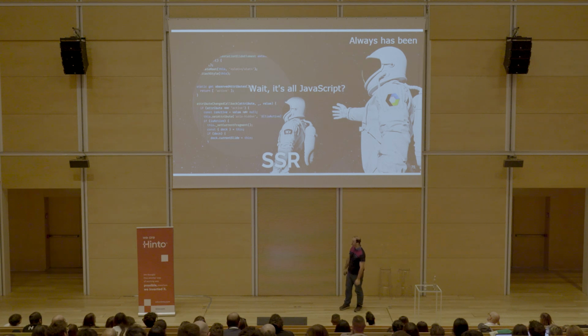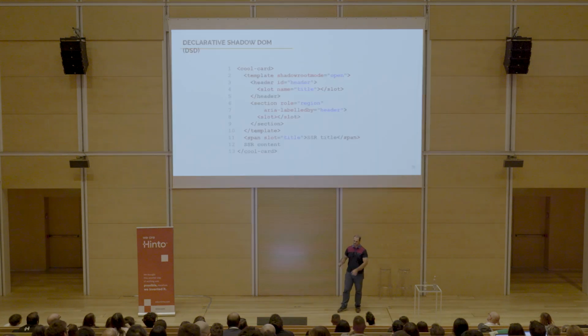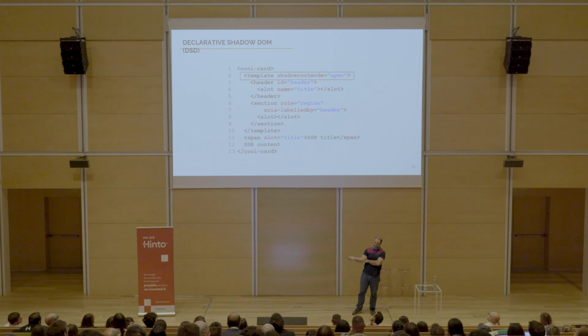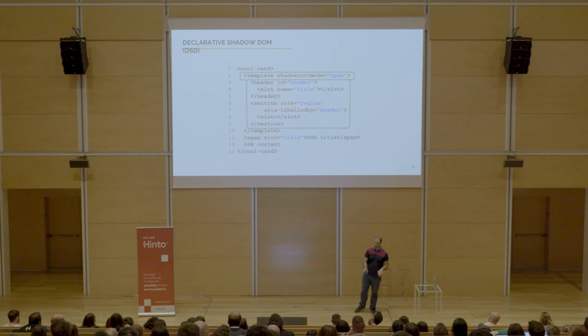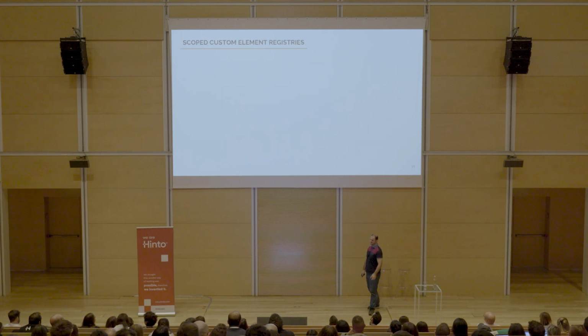But now we can do this with declarative shadow DOM, supported also by Safari, using the template element with the shadow root mode open. This is the content which is server-side generated. We can use also declarative slot assignment.